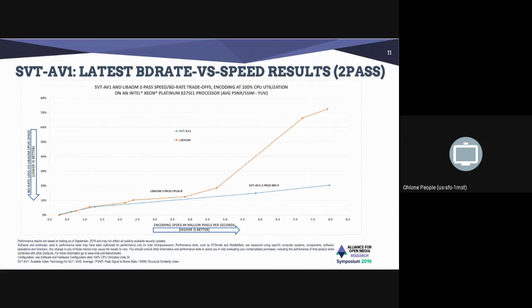So coming to the results. Here we try to compare SVT Everyone 2-pass versus libaom 2-pass in the context of 100% CPU utilization, and I think we are close for the high quality modes.